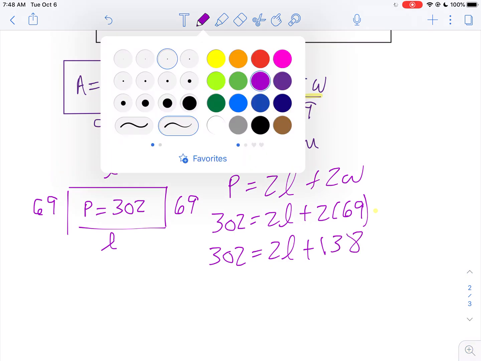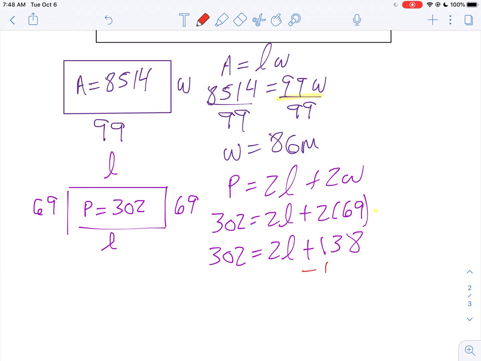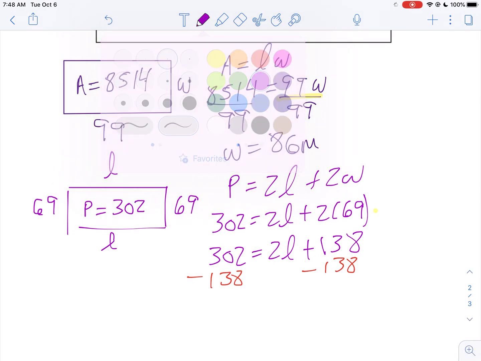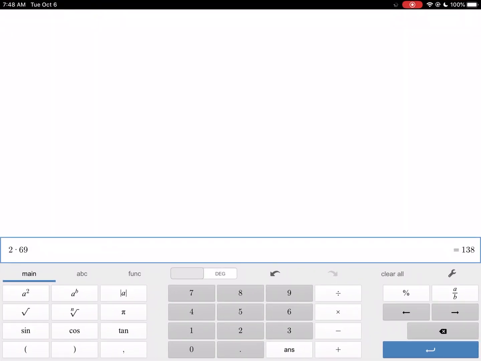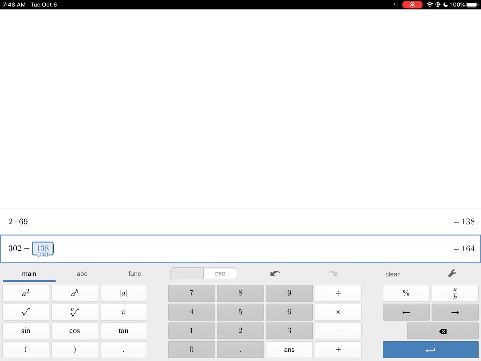Subtract 138 from both sides. So we take 302 minus 138. And we get 164.